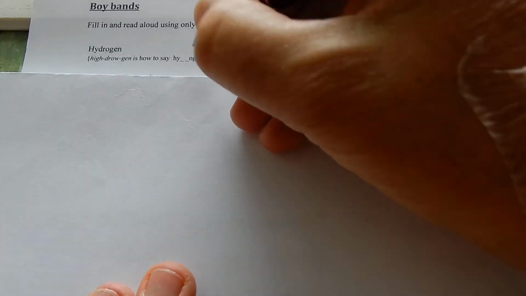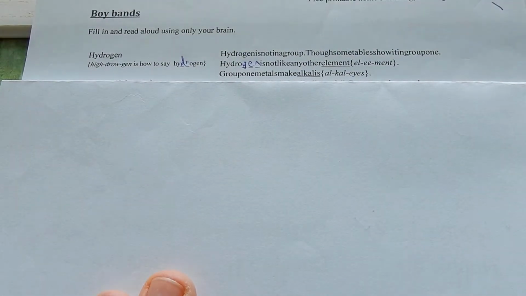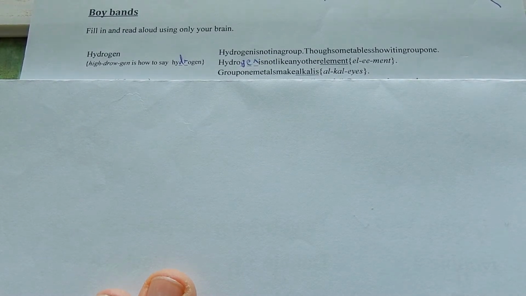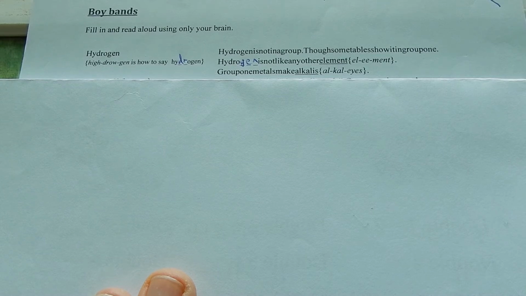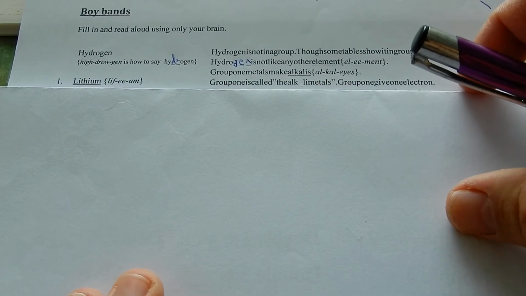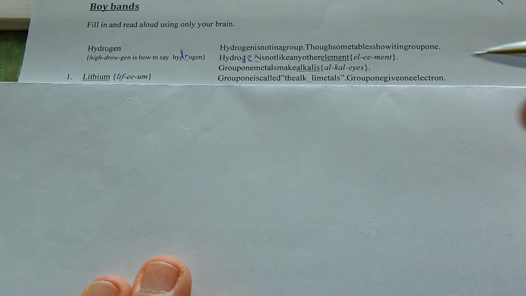It does have 1 electron in the outside shell, so American periodic tables put it in group 1 because group 1 is 1 electron in the outside shell. Give away electron, happy as Larry. But hydrogen's different because it's a gas. All the rest of group 1 are metals.